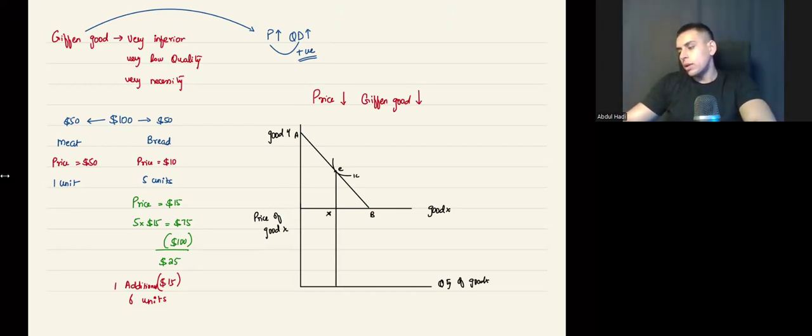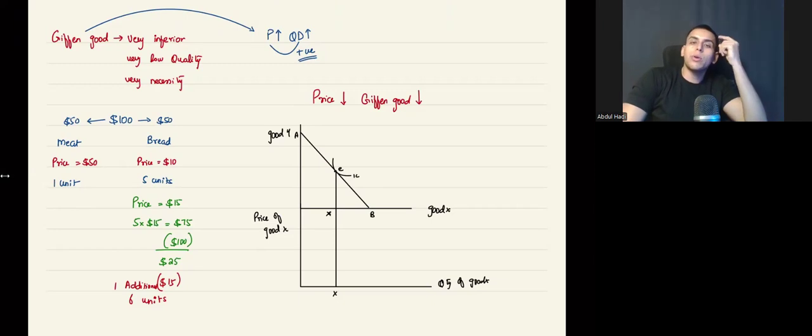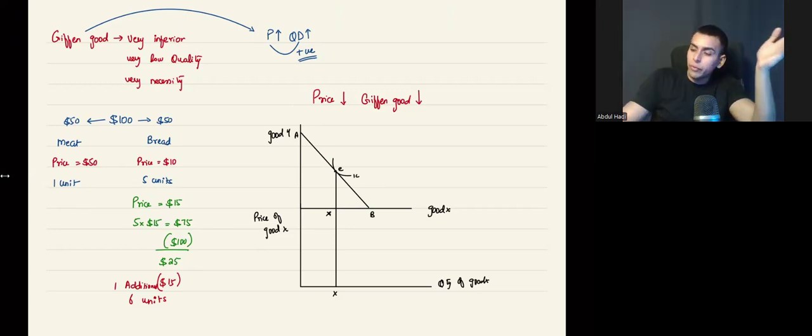Now, Devansh, tell me one thing. If there is a positive relationship between price and the given good, and in this case your price is falling, which means that the quantity consumption for the given good will fall as well. So where should your budget line tilt? Rightwards or leftwards?